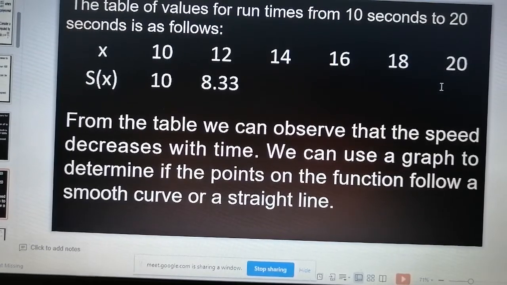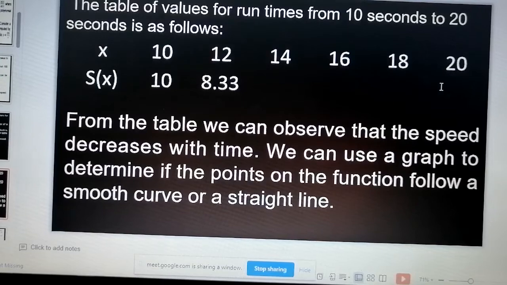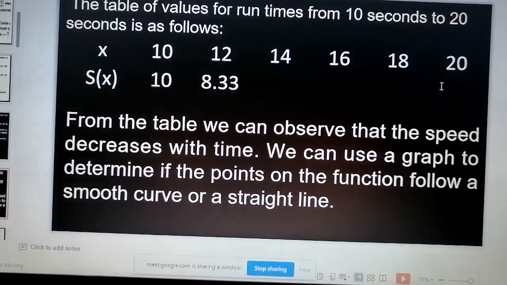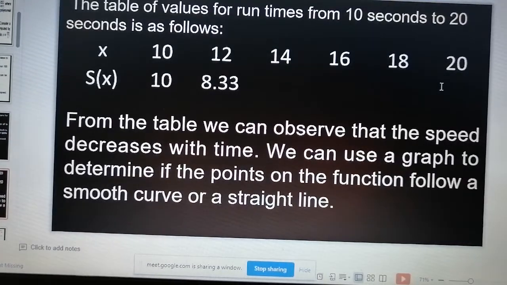Given yung x sa taas: 10, 12, 14, 16, 18, and 20. Ang hinahanap natin ngayon ay yung S or yung velocity, speed.